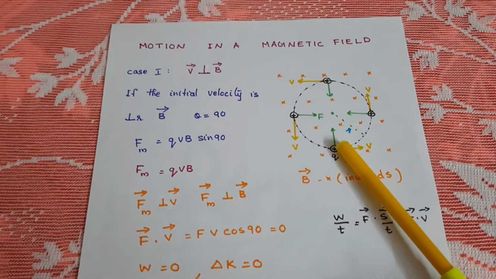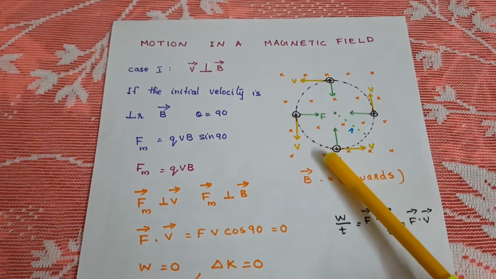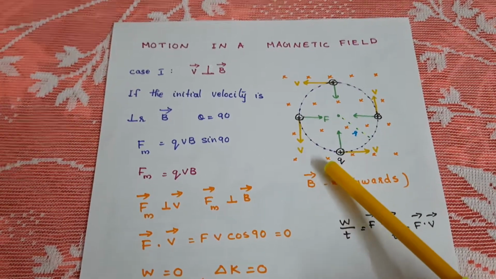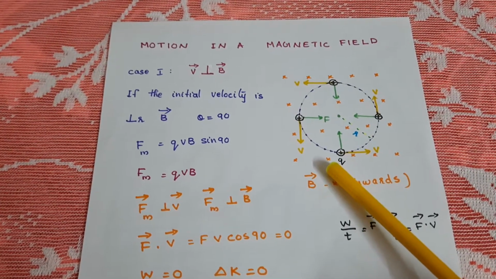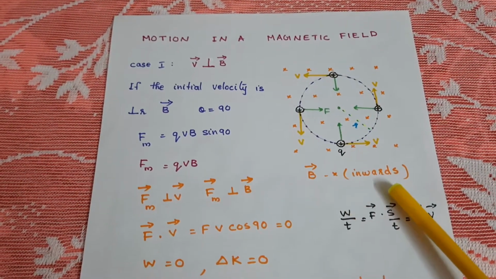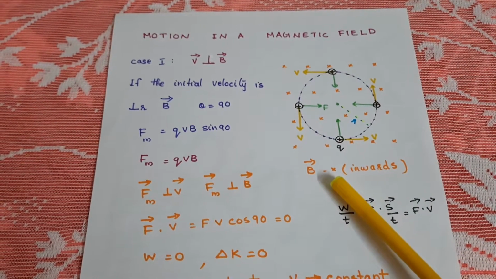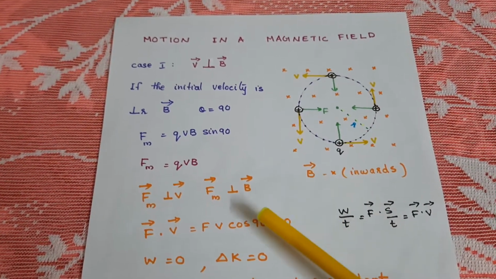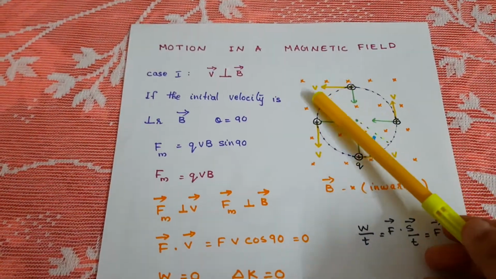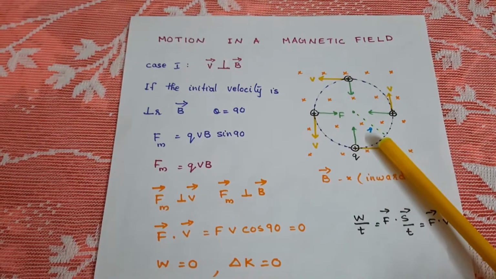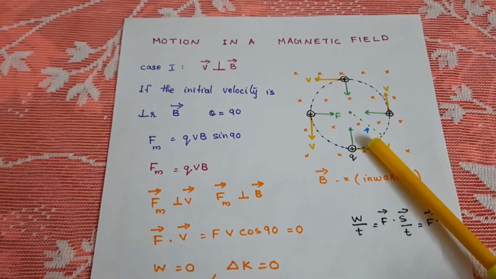So the force acts normal to the velocity and the magnetic field, which is normal to the plane and into the plane, or inwards. It is denoted by a cross. And since the force is normal to velocity, the particle follows a circular path, and the force acts as a centripetal force.